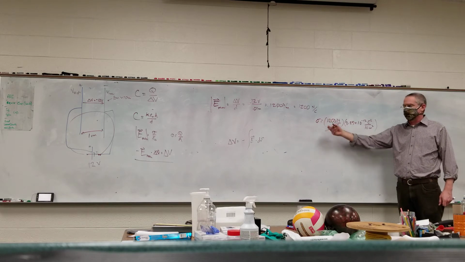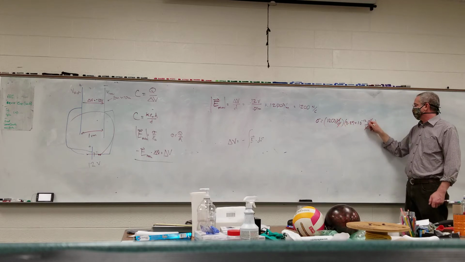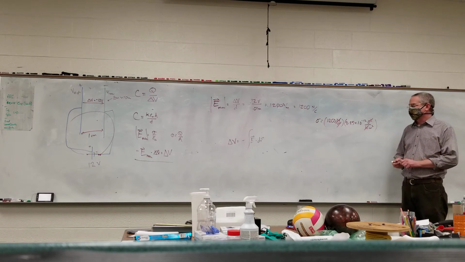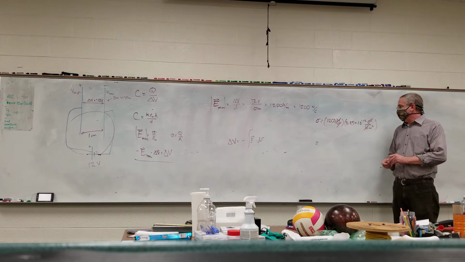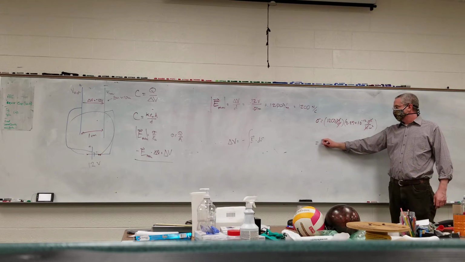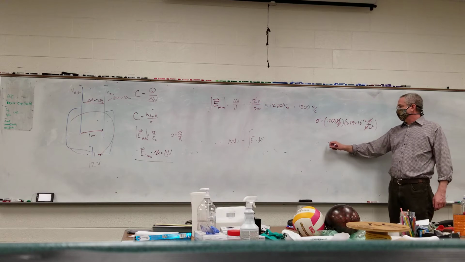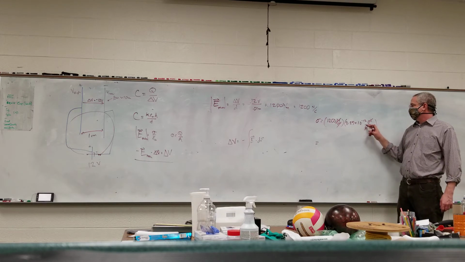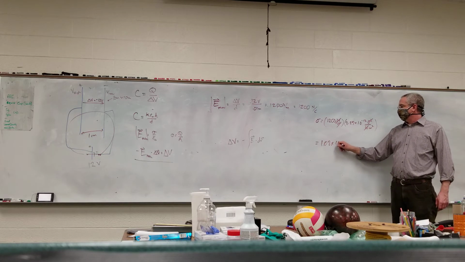The newton cancels out with the coulomb, and we'll end up with coulombs per square meter, which is surface charge density units. And we get 1.08 times 10 to the 13 coulombs per meter.